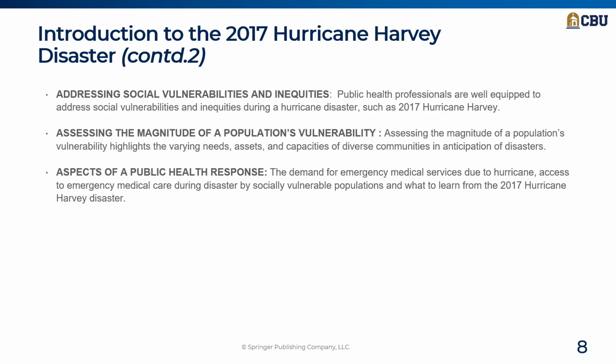And again, Hurricane Harvey highlights why addressing social vulnerability is central to public health emergency response. During Harvey, public health professionals focused on assessing the magnitude of vulnerability across communities, recognizing that different populations enter disasters with very different needs, assets, and capacities.